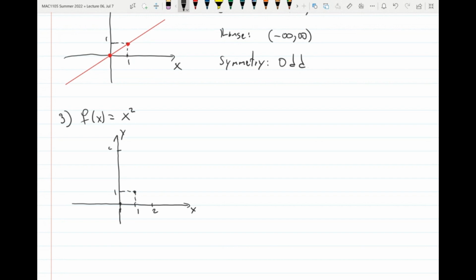And remember that by symmetry, we get these points. That's a picture like this. And then once again, we have our basic properties.